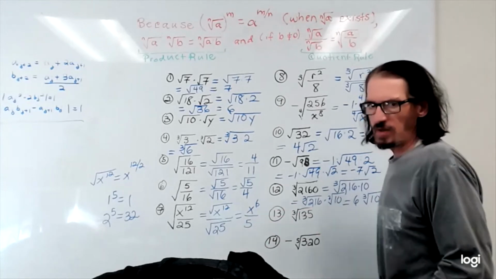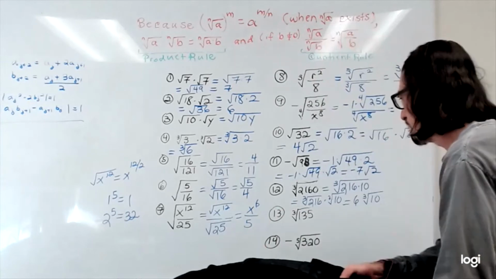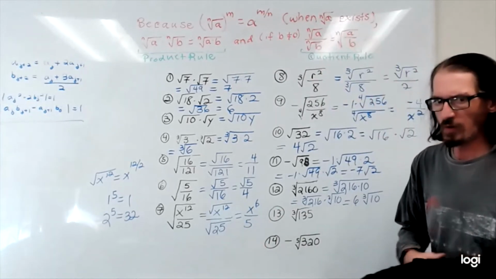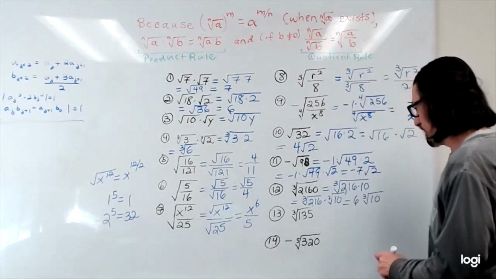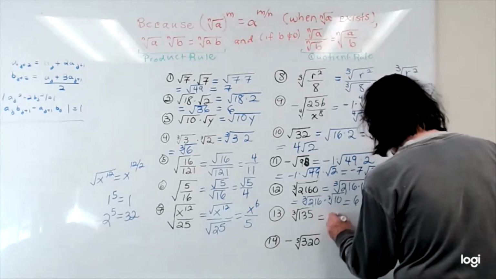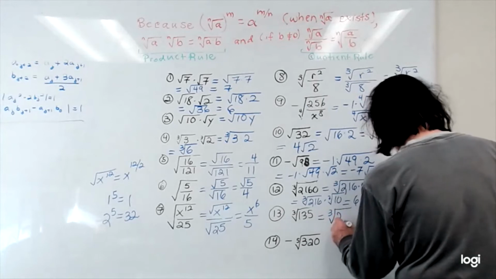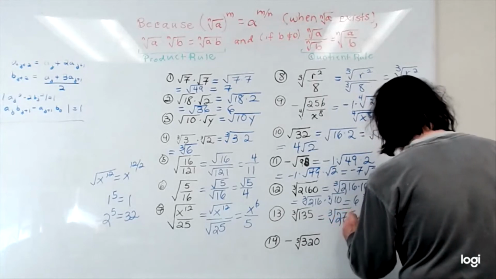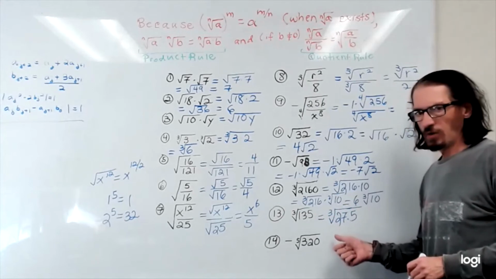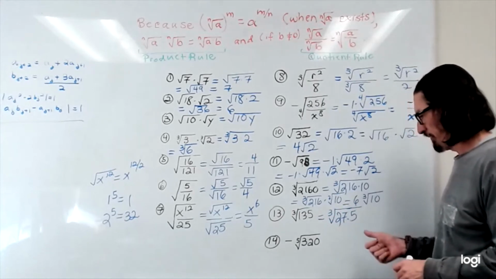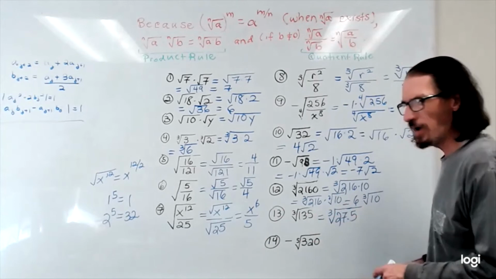Looking at number 13, that ends in 5, so I know 5 will go into 135. In fact, it goes in 27 times. Not only that, 27 is a perfect cube. It's the largest perfect cube that will go into 135.